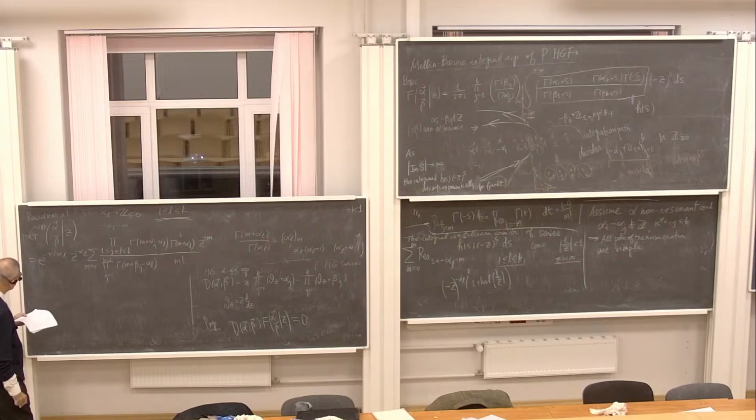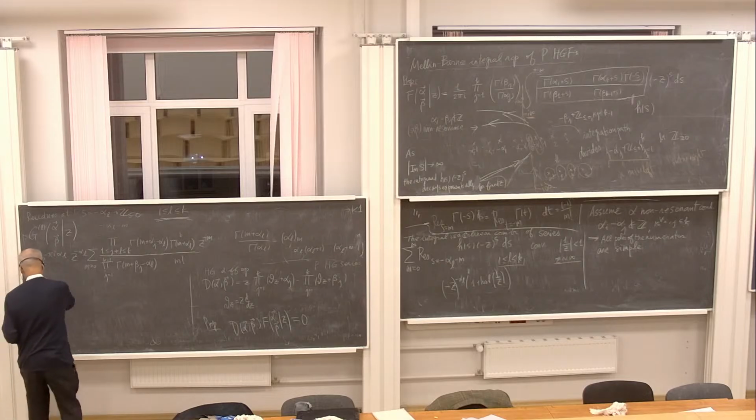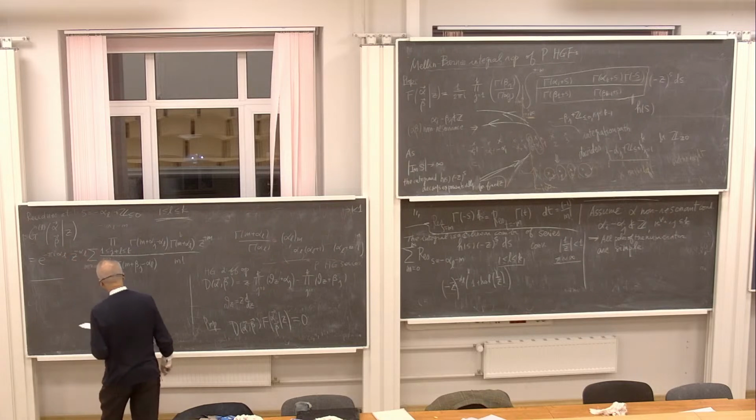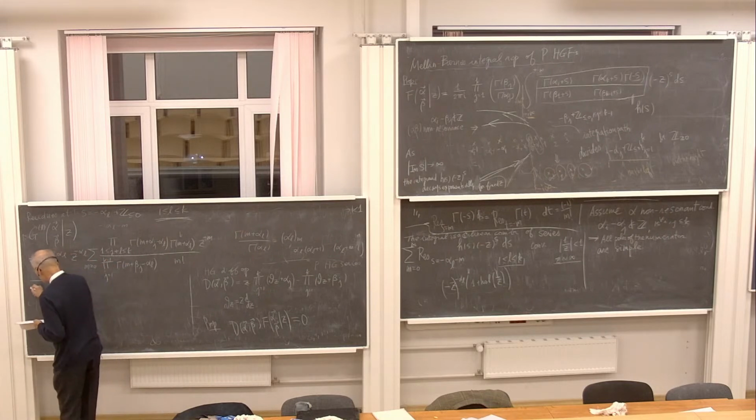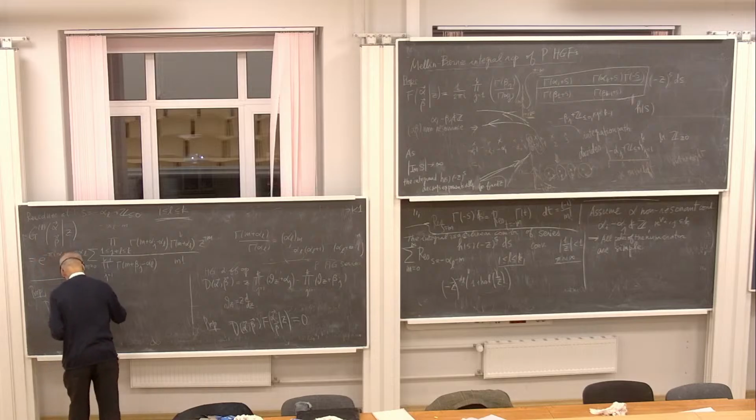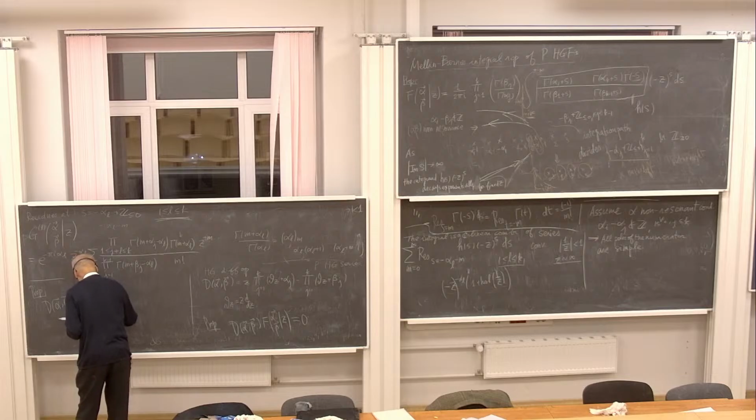And the fact is the following: we got k different series, and the upshot is that each of them satisfies the Pochhammer hypergeometric differential equation.